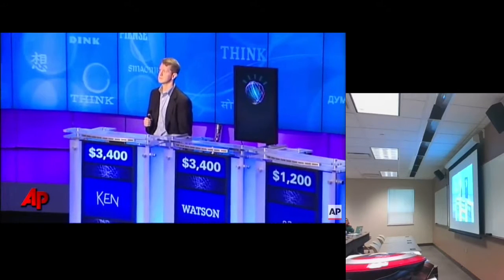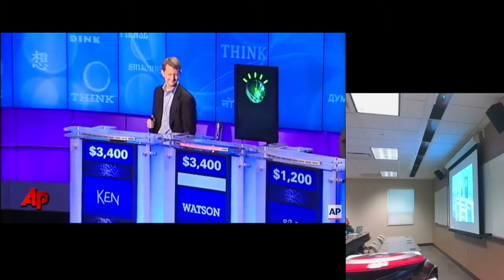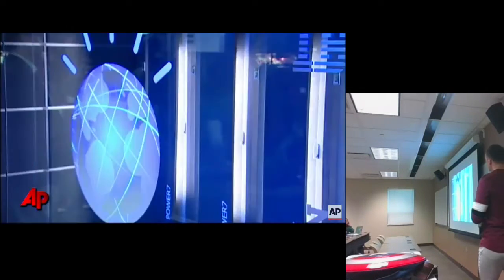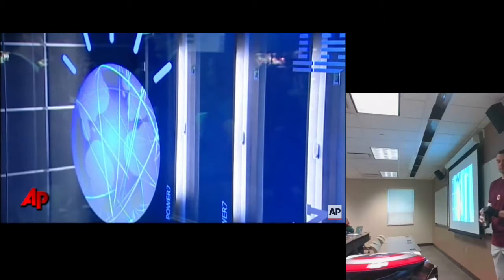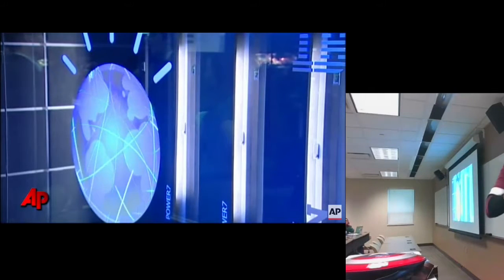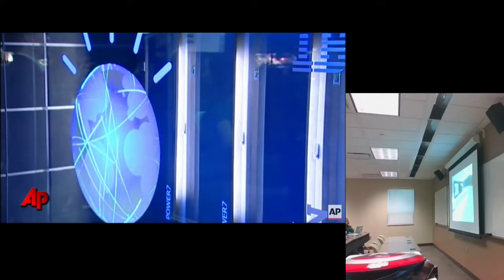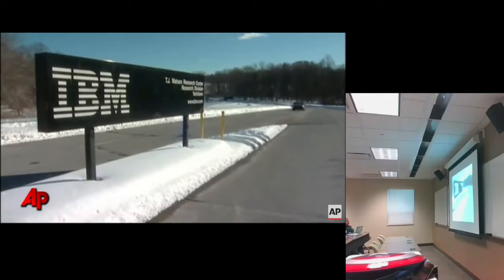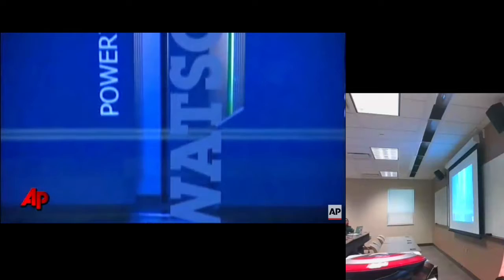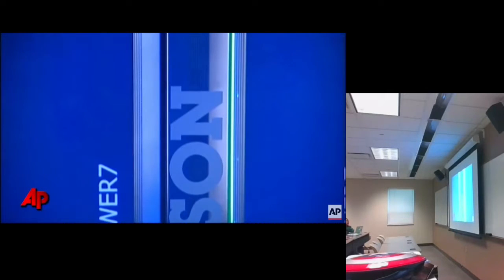Ken Jennings won a record 74 consecutive Jeopardy games. Brad Rutter has earned more than $3 million in prize money. But Watson isn't in it necessarily for the prize money from the real matches planned for next month. IBM says the technology can help speed up medical diagnosis and other challenging computer tasks.